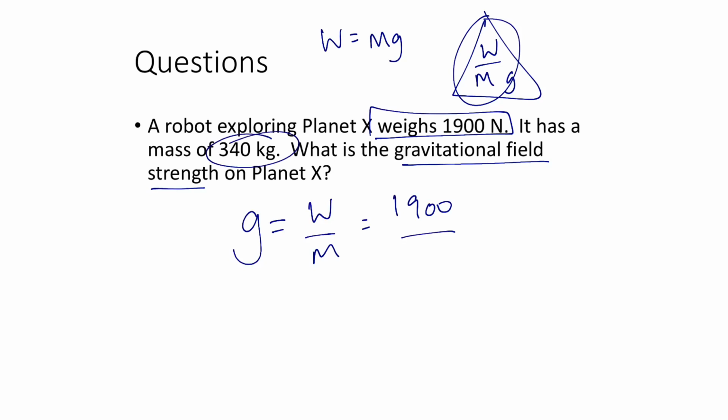We've got our mass, 340. We've got our calculator, so we can type in 1900 divided by 340. So the value for gravity here rounds to 5.6, and our units, if you can remember, newtons per kilogram or meters per second squared.